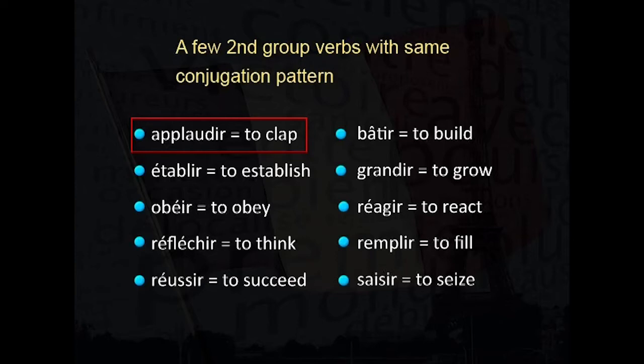Applaudir means to clap, bâtir means to build, établir means to establish, grandir means to grow, obéir means to obey, réagir means to react, réfléchir means to think, remplir means to fill, réussir means to succeed, and saisir means to seize.